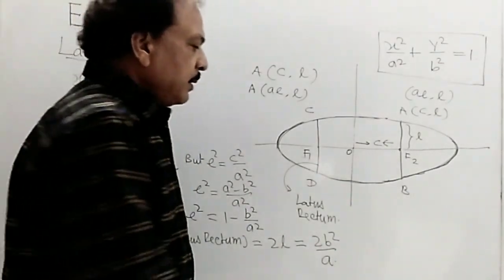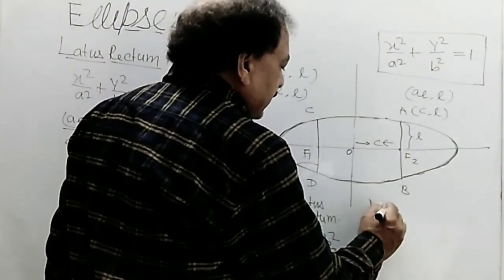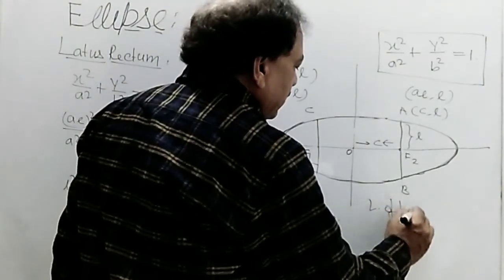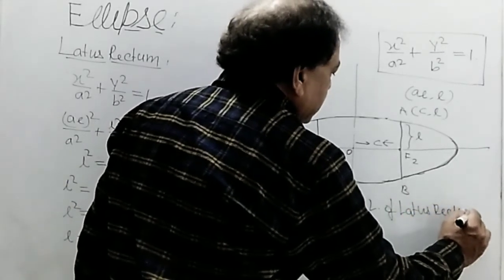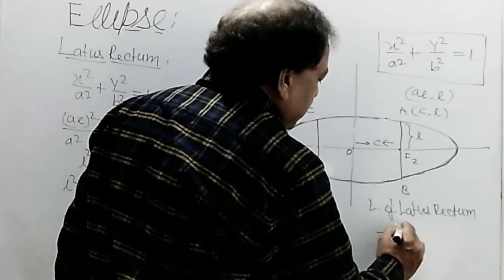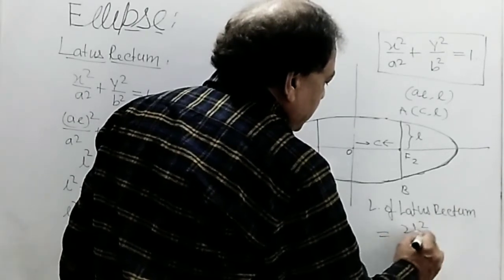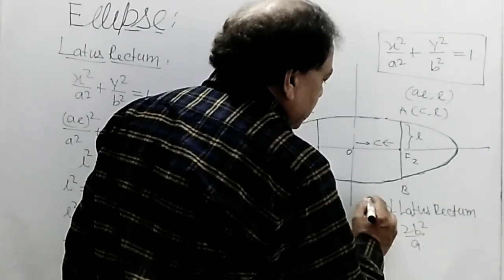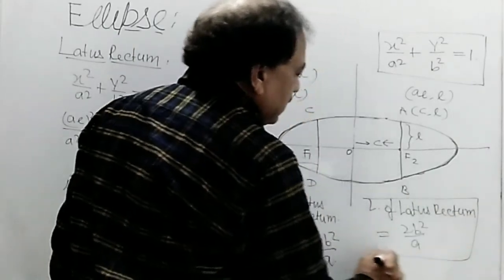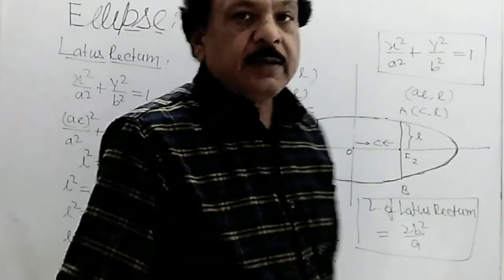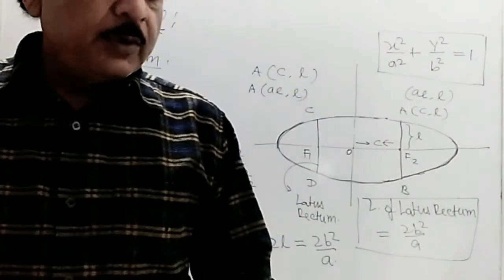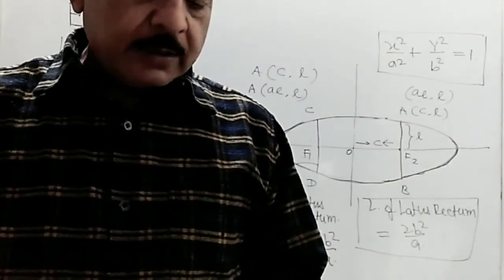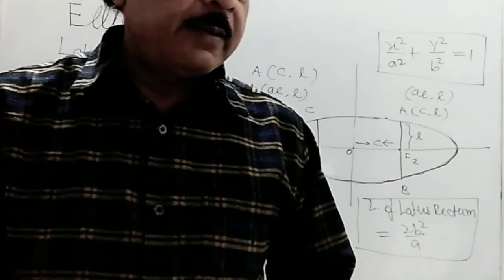The length of the latus rectum is 2b square by a. So now you remember this: the length of the latus rectum is 2b square by a.